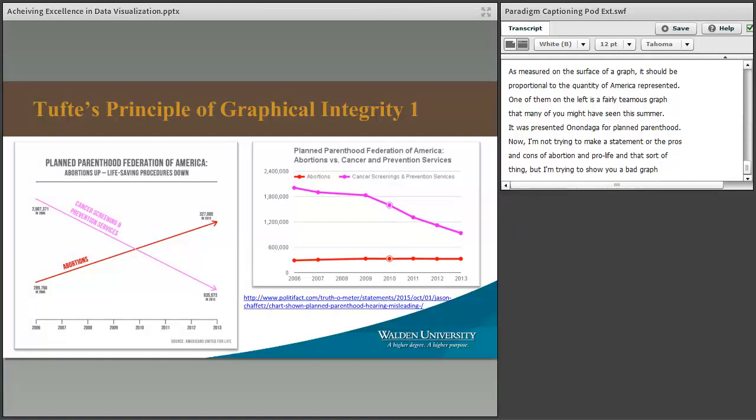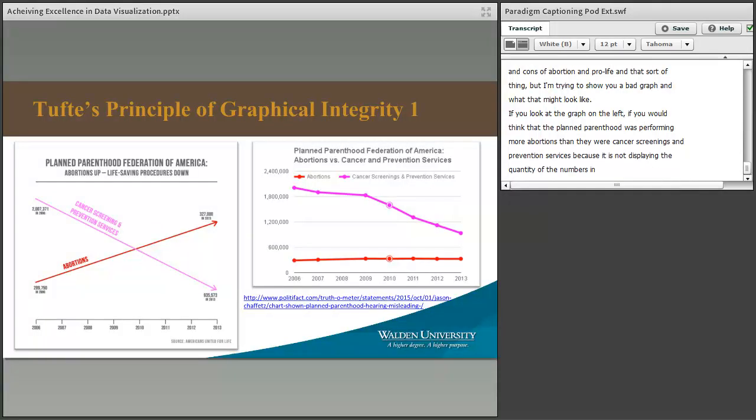If you look at the graph on the left, you would think that at the present time in 2013 Planned Parenthood was performing more abortions than cancer screening and prevention services. That's because the graph is not displaying the quantity of the numbers in the physical space of the graph.